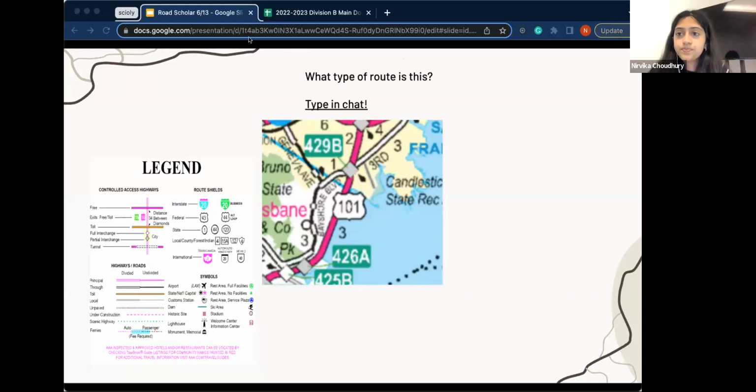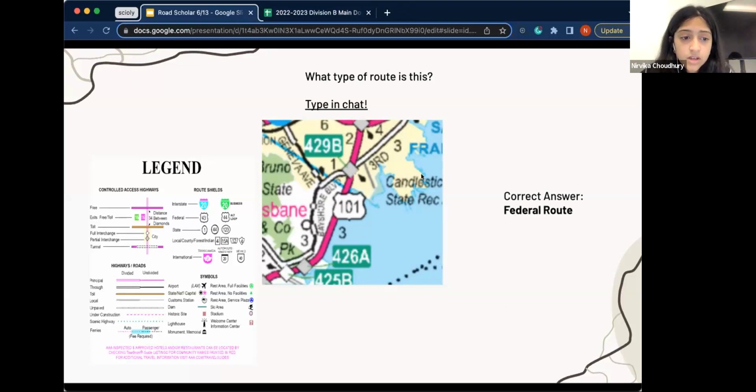Okay, people are saying it's interstate. Look at the interstate logo and look at the 101 logo. Notice how it's not the same colors, not the same shape. If you look one under it, it's a federal route, and you can see how the shape of it matches the exact shape of 101. Yeah, it's a federal route.